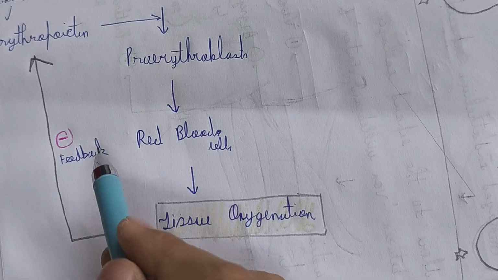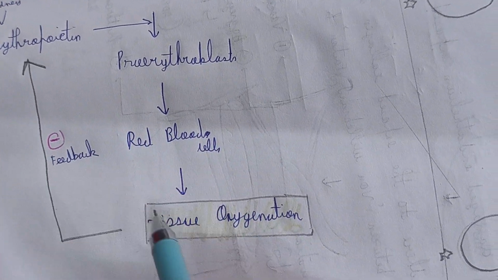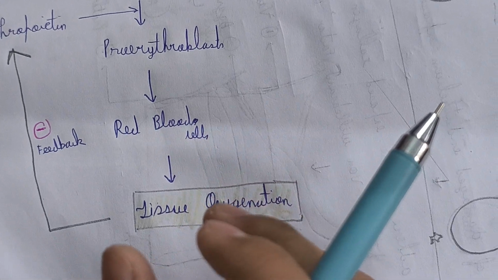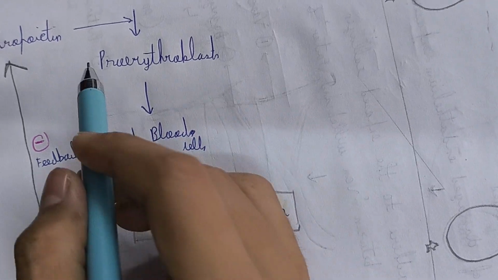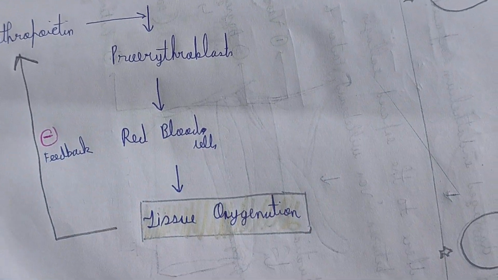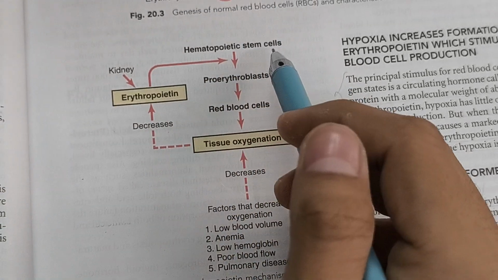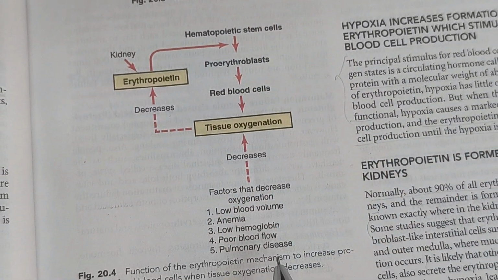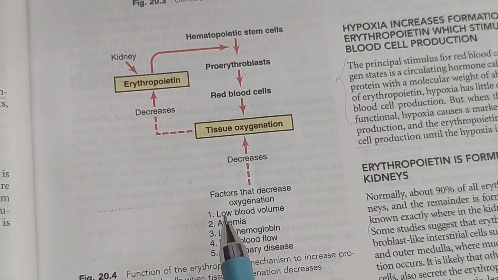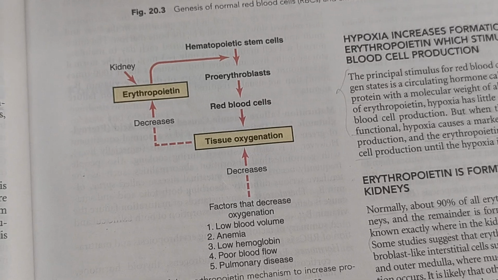And with tissue oxygenation and erythropoietin there is a negative feedback: when tissue oxygen supply is reduced, it is stimulated; when it is increased, it is inhibited. And the final diagram shows hematopoietic stem cells and also the factors that decrease oxygenation, as I have mentioned. All these things are there.